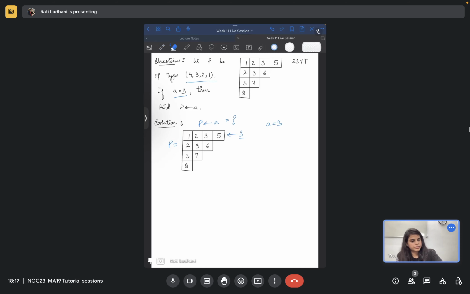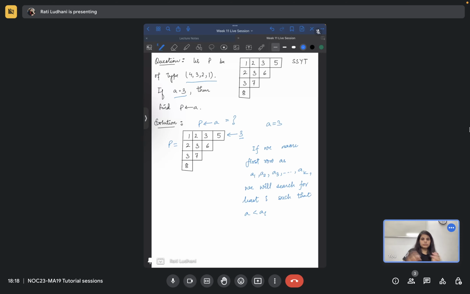If we name the first row a1, a2, a3, up to, let's say, ak, then we'll search for the least i such that a is less than ai.